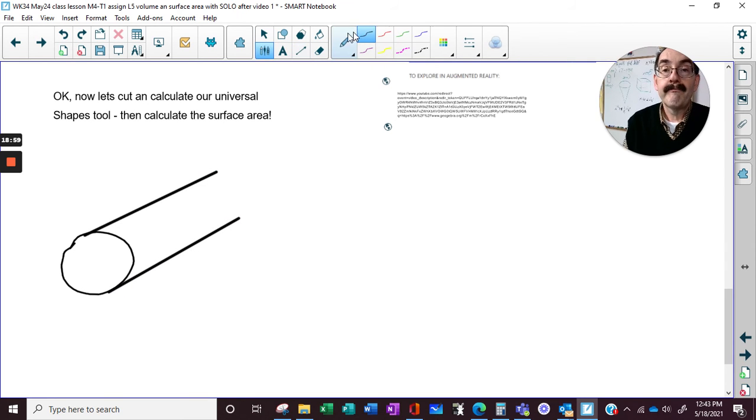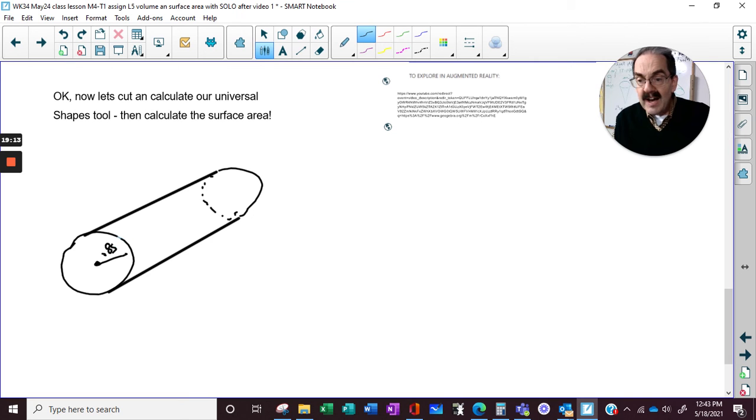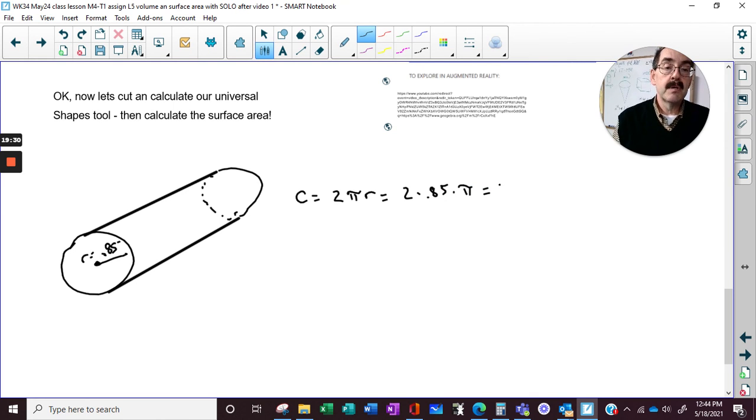Now my toilet paper roll's radius is 0.85 inches. So my circumference is 2 pi r, which is 2 times 0.85 times pi. I'm just going to keep it simple: 1.75 pi inches. That's my circumference.